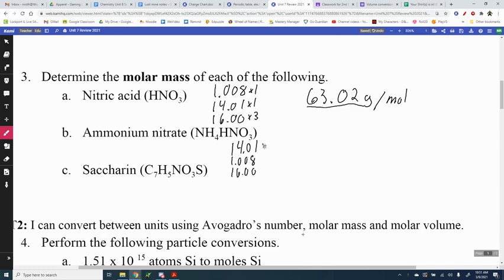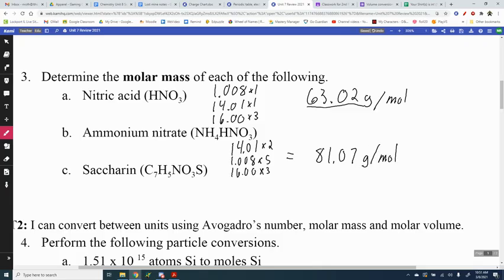There are 2 N's, 4 H's, and 3 O's. We multiply all those together, add them all up, and we get 81.07 grams per mole.